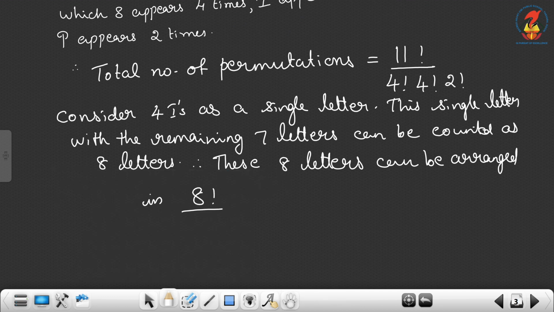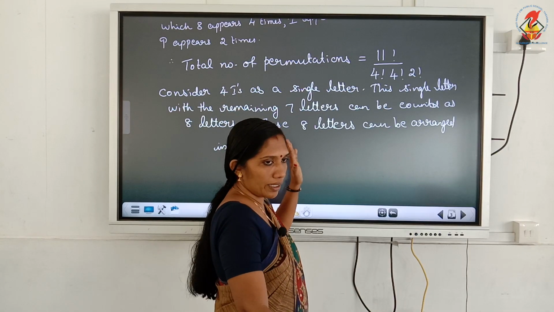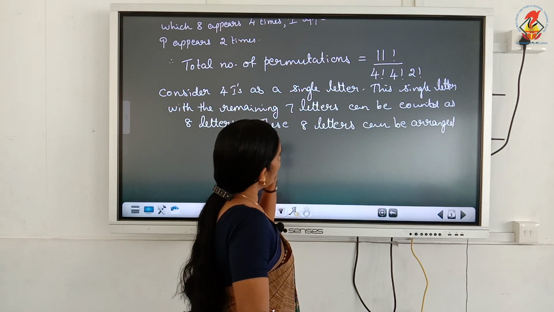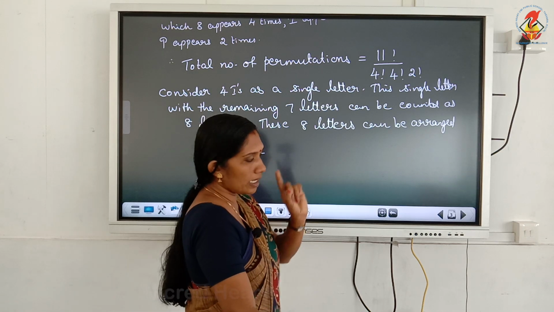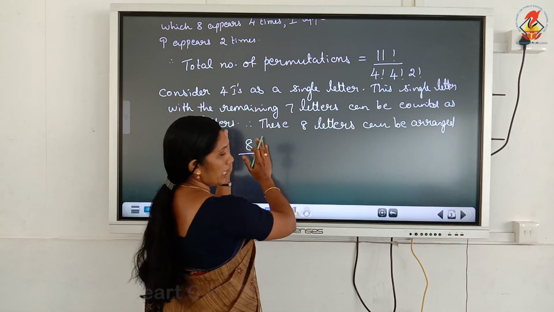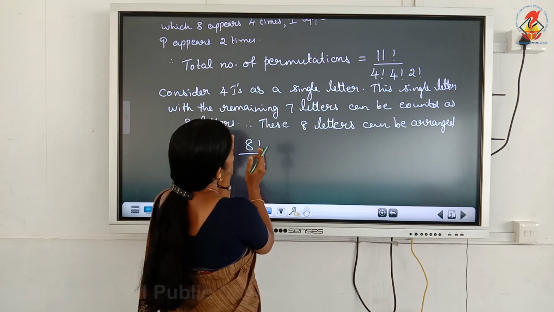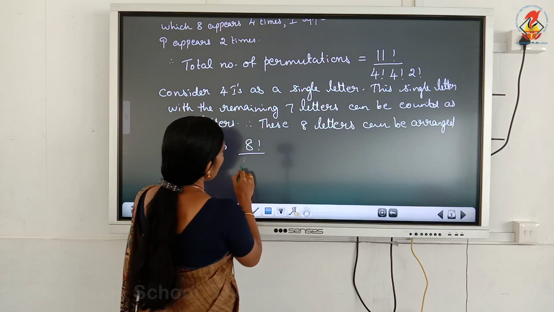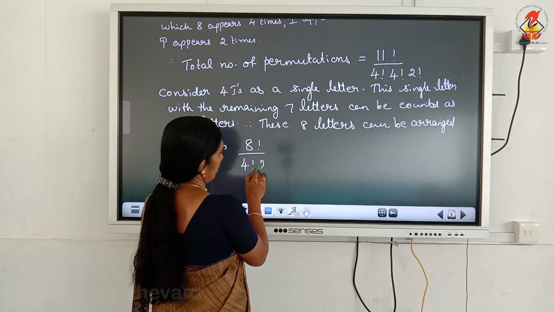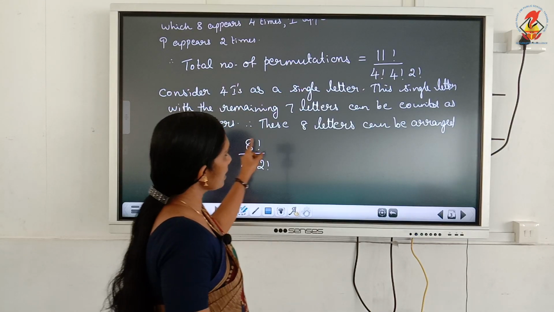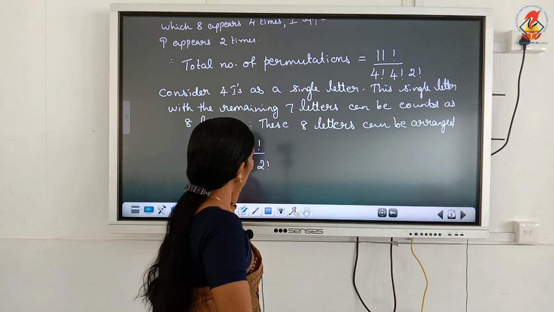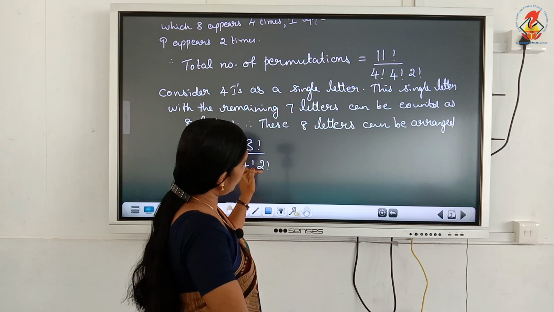8 factorial by, so here we are not considering this I separately. The remaining we have 8 letters. In these 8 letters, I as a single unit. So now we don't count that I part. 8 factorial by S 4 times and P 2 times. Okay. Then into, what about the I part? So these 8 letters can be arranged in 8 factorial by 4 factorial into 2 factorial.